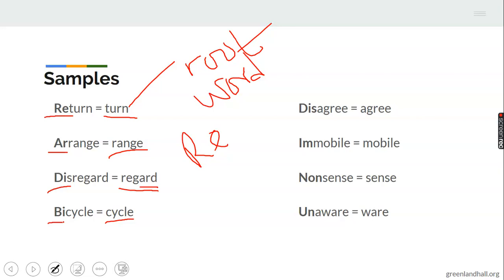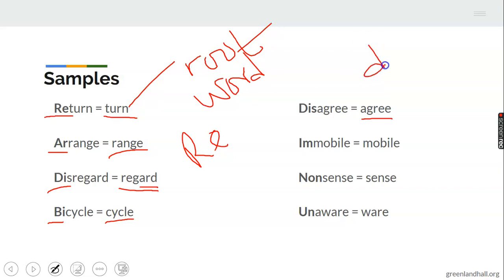Okay. Now, after that, consider this as another root word. We have agree. Agree is a word on its own. Which word or prefix is added to the word agree? Yes, can you tell me?